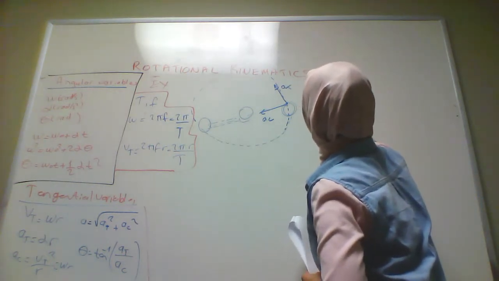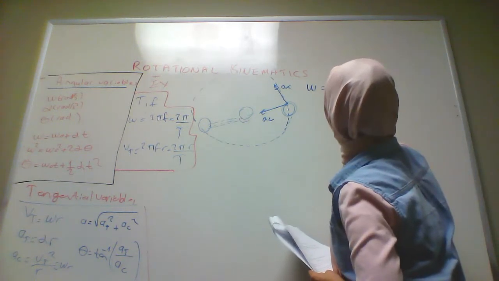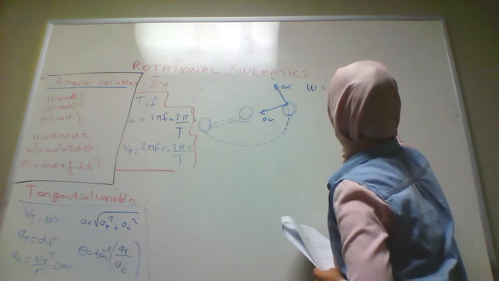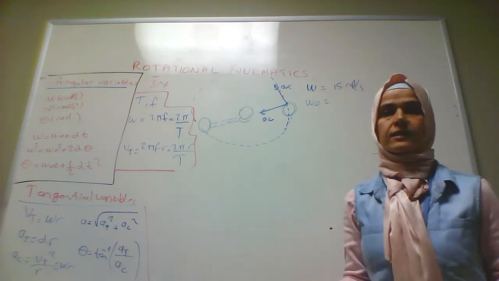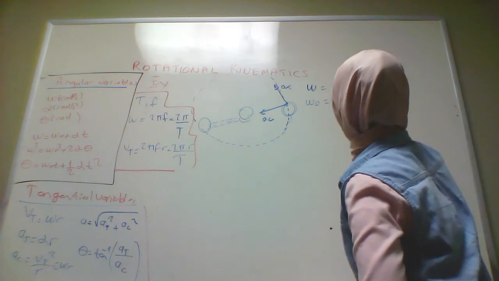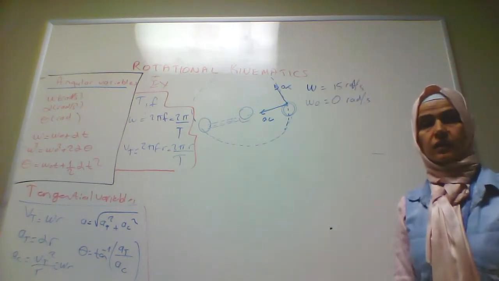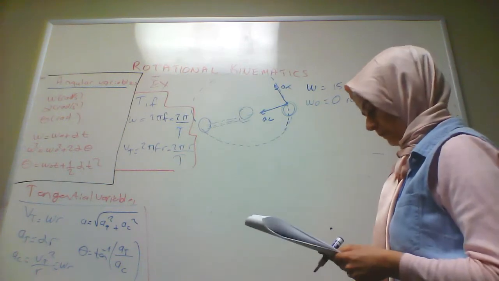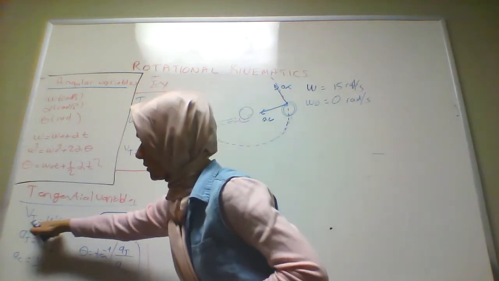So omega final, what we always call omega, is given: 15 rad per second. Omega initial is also given. Starting from rest means it does not have any velocity in the beginning. So initial velocity is 0. Both angular and linear are 0. If one is 0, from here we know the other is also 0.